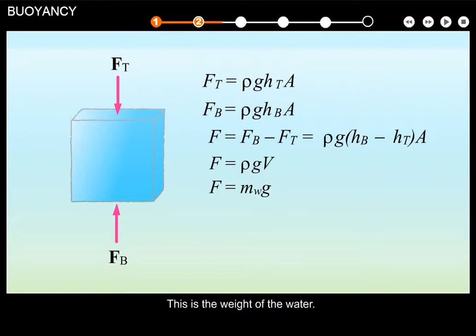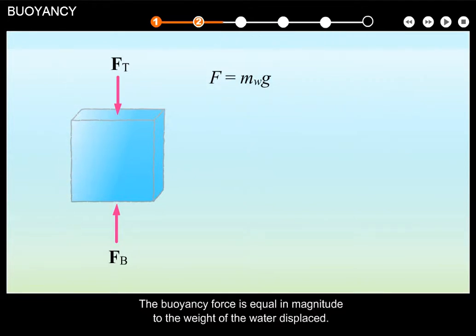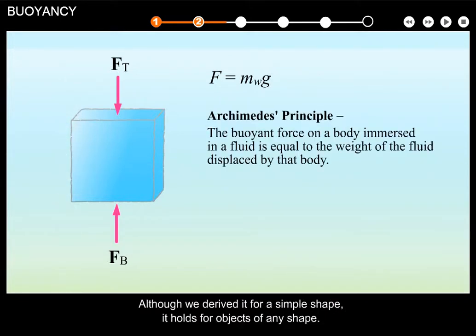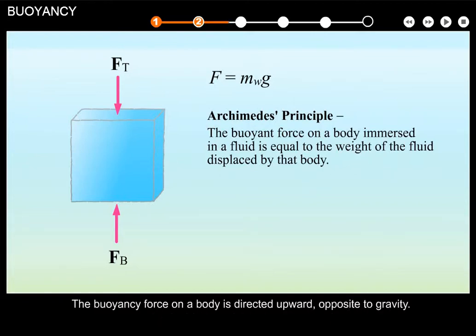This is the weight of the water. The buoyancy force is equal in magnitude to the weight of the water displaced. This is Archimedes' Principle. Although we derived it for a simple shape, it holds for objects of any shape. The buoyancy force on a body is directed upward, opposite to gravity.